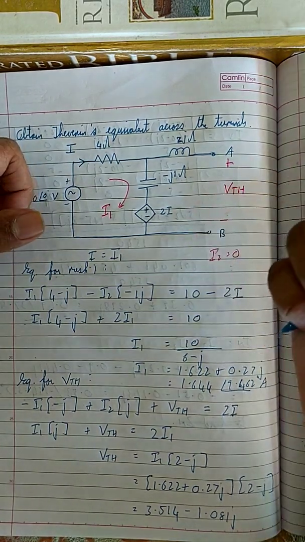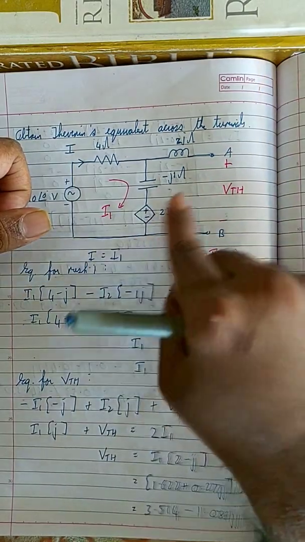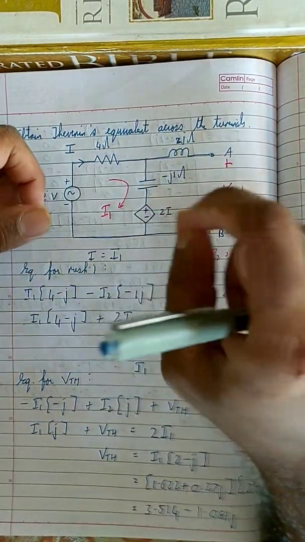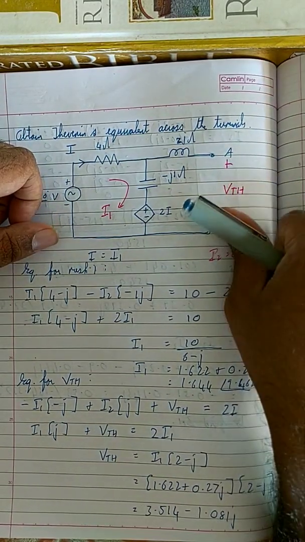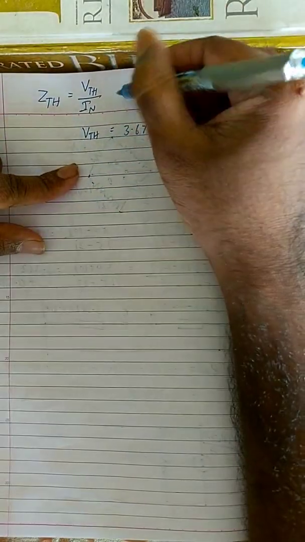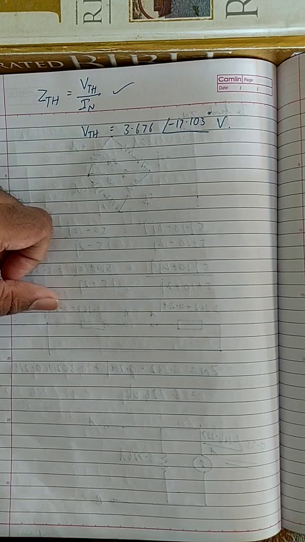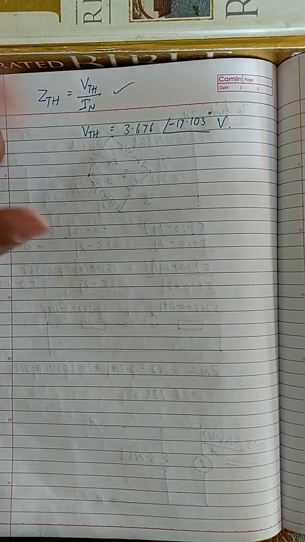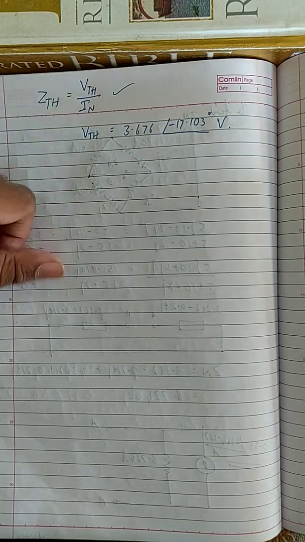If you see an independent current source, you can open it. But if you see a dependent source, you can neither open it nor close it. So then you have to go for plan B, which is using this equation. This is the second option of finding the Thevenin's impedance: we find the Thevenin's voltage, we find the Norton's current, and we take the ratio of it.